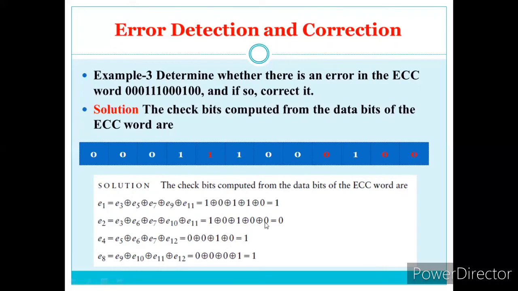For E2, we have 2 ones. So the result is 0. For E4, there is only 1 one. So the result is 1 because odd number of ones. And E8, since it is 1, odd number of ones. So it is 1. So 1101 is the respective error check bits what we have got after performing the exclusive OR operation.